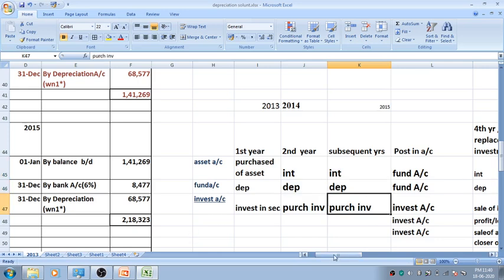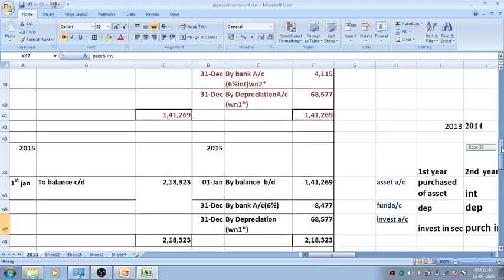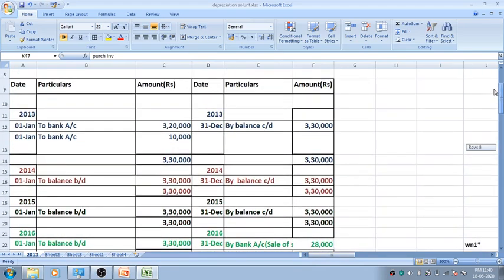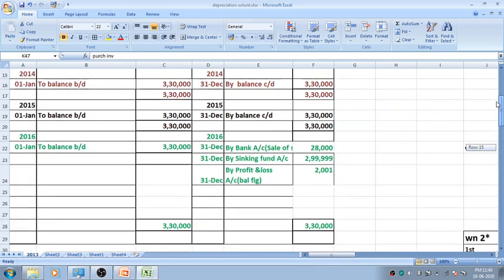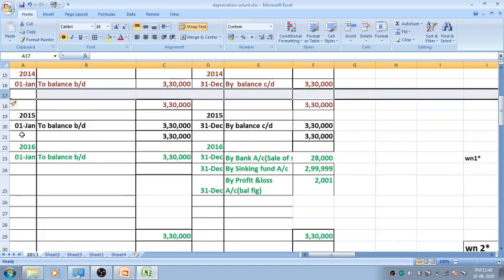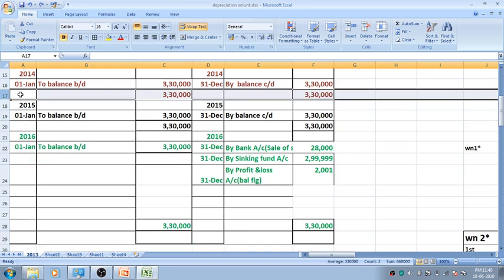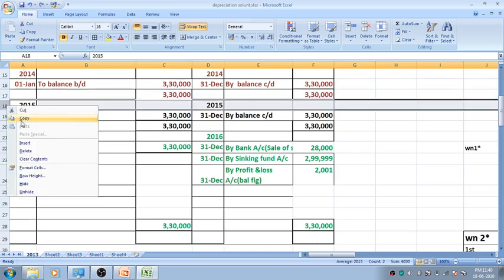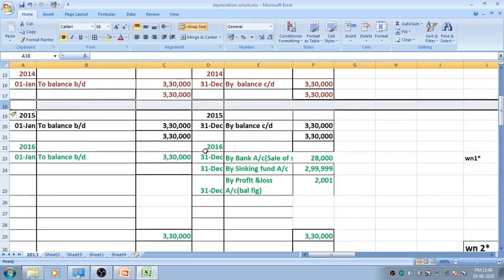So shall we go to the machinery account? Here, third year is in black ink which I have written. Just put that here. Okay. Yes.